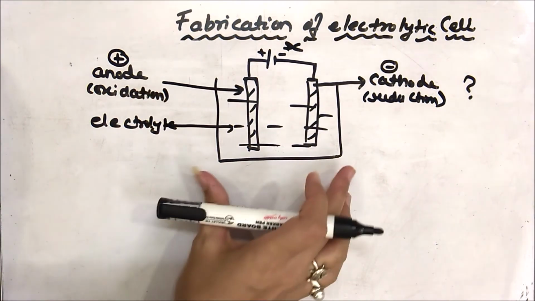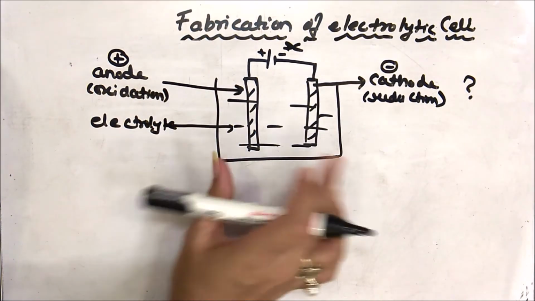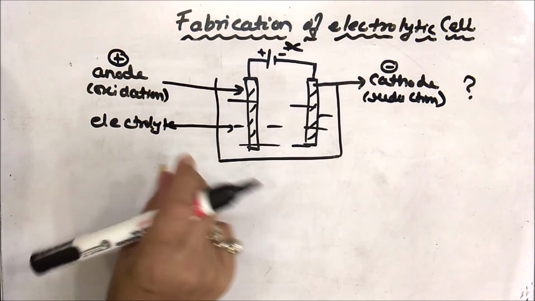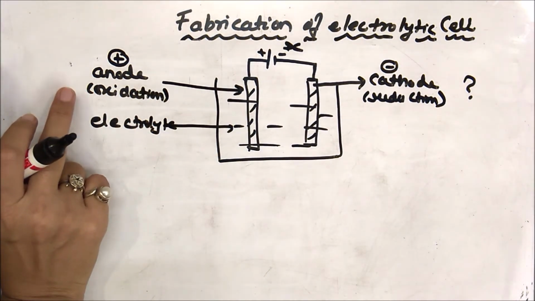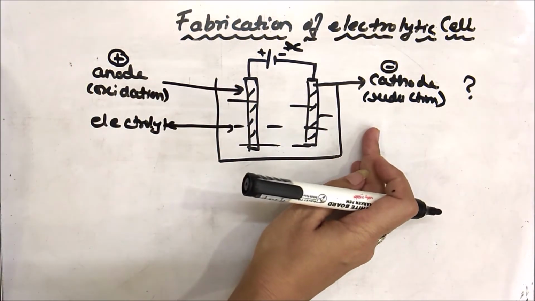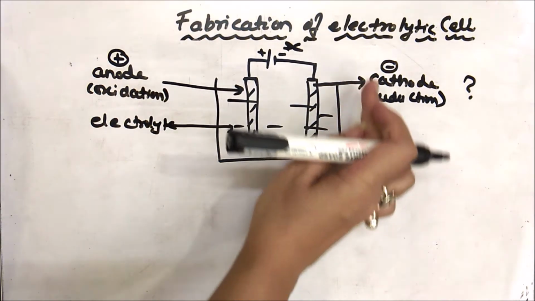Now students, this is all about the fabrication of the electrolytic cell, in which a beaker contains the electrolyte, and two electrodes are dipped in this electrolyte. The electrode on the left hand side is called the anode. It undergoes the oxidation reaction and is positively charged. The electrode on the right hand side is called the cathode. It undergoes the reduction reaction and is negatively charged.